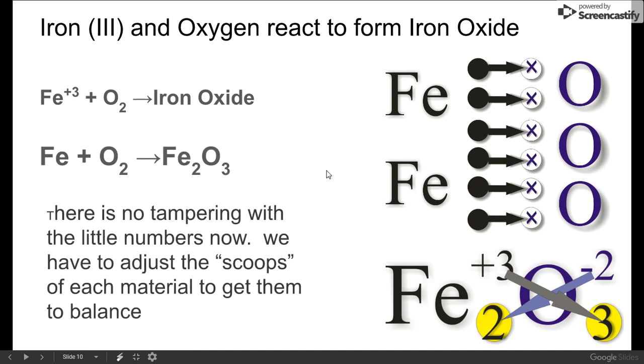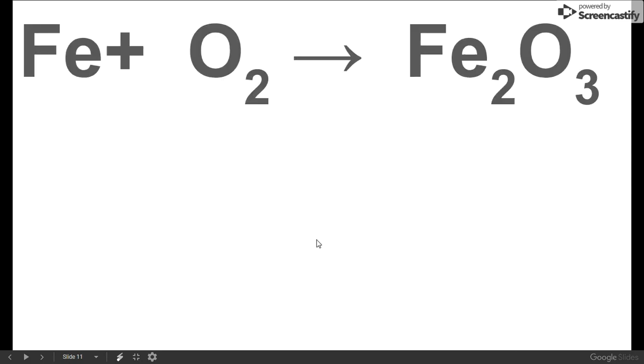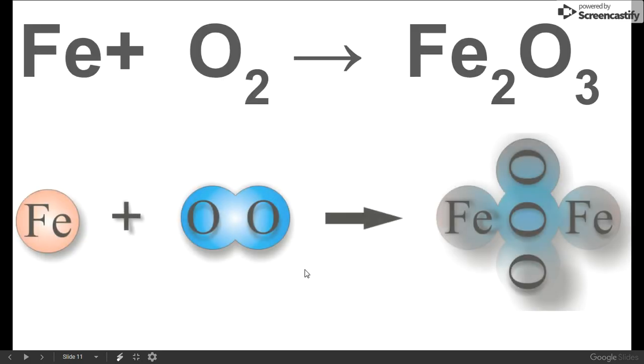Well, you can't play with those little numbers. I know you just want to change that to a 3, don't you? But you can't. This is what you've got to do. You've got 1 iron, a pair of oxygens, and this thing. These are the loot bags now. Oh, curse you!